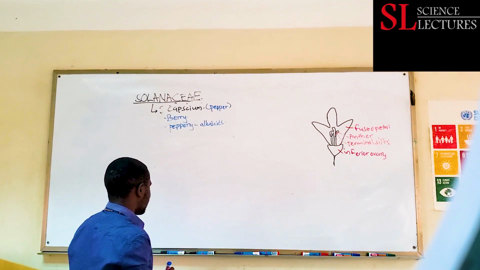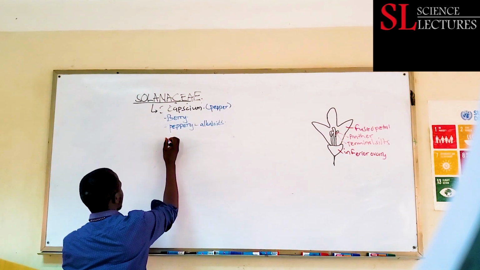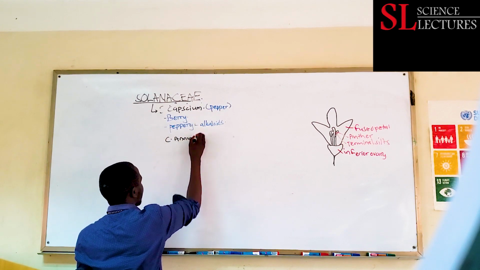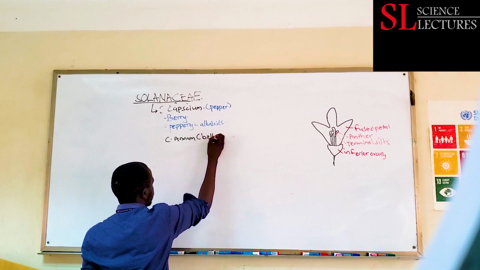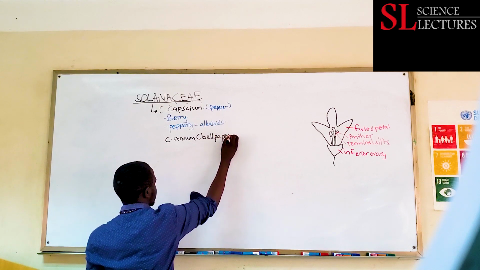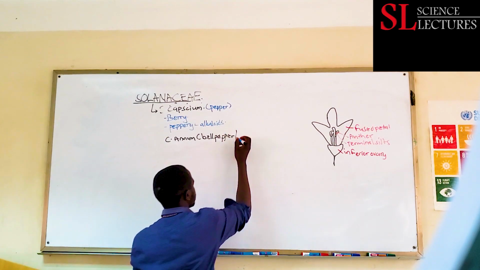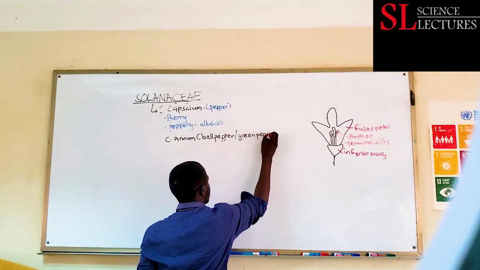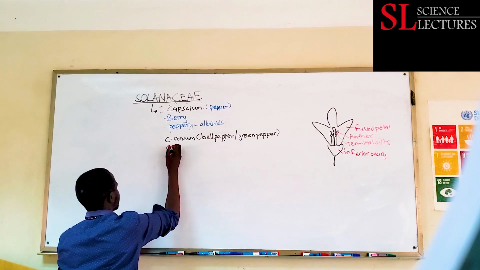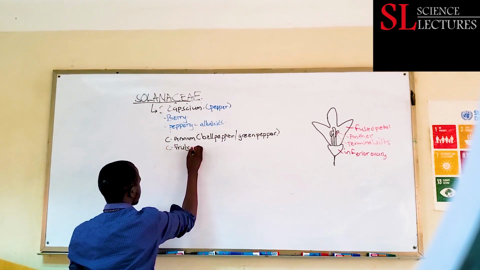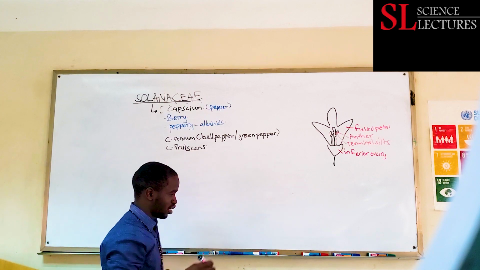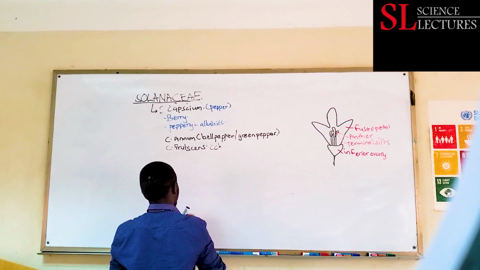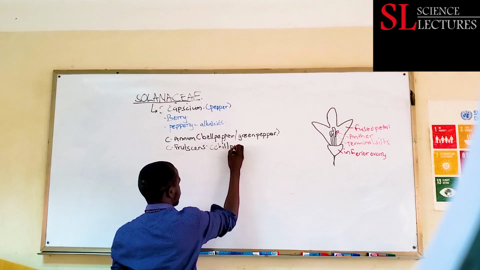Some of the examples under this genus are Capsicum annuum, which is known as the bell pepper, or it can be called green pepper. Then another example is Capsicum frutescens, which is the chili pepper.